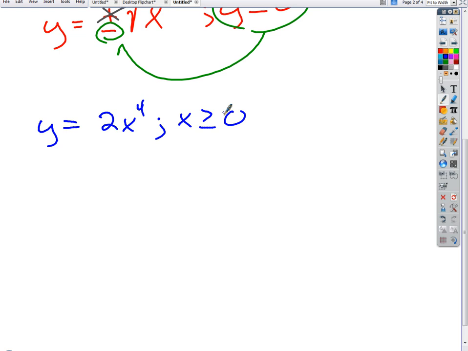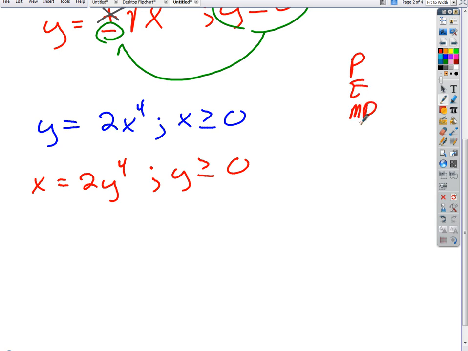If we solve for the inverse this time, we get x equals 2y to the fourth, y is greater than or equal to 0. If I solve for y there, what do I do first? I'm just following order of operations in reverse if I'm isolating, or solving. So no addition, there's some multiplication or division I have to deal with. Divide by 2, okay?